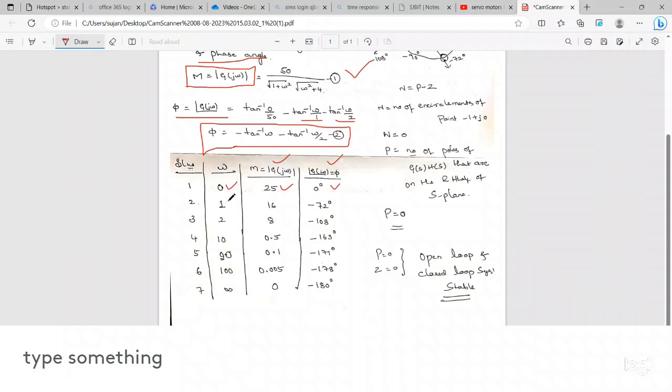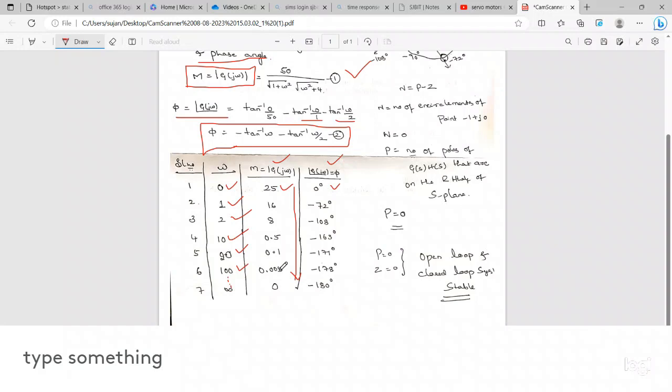Same thing, I have taken omega as 1, 2, 10, 20, 100. You can see here the magnitude will come to 0 in the future. Up to infinity, if we solve, it will come near to 0. You can see here 25, 16, 8, 0.5, 0.1, 0.05.